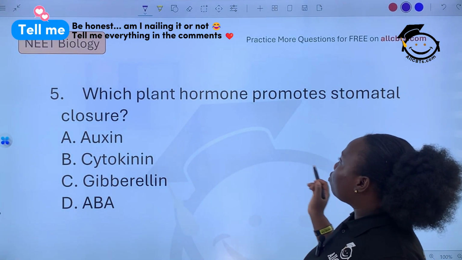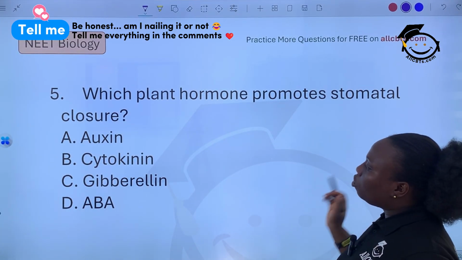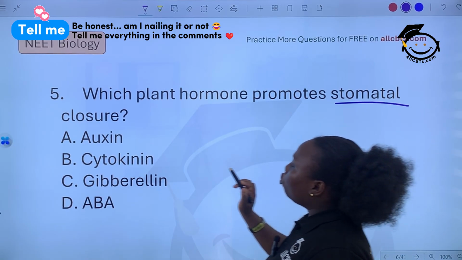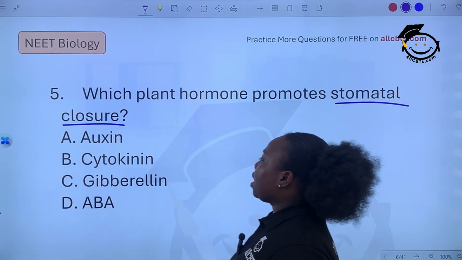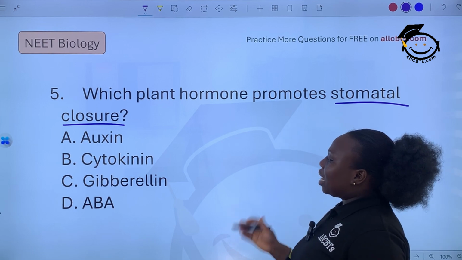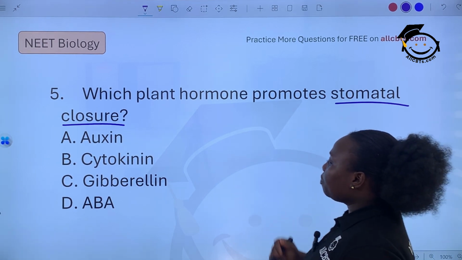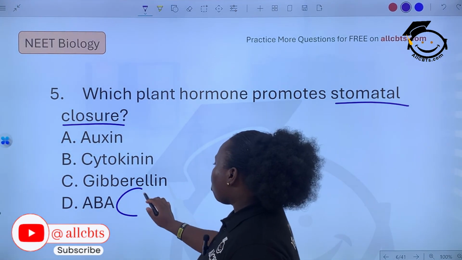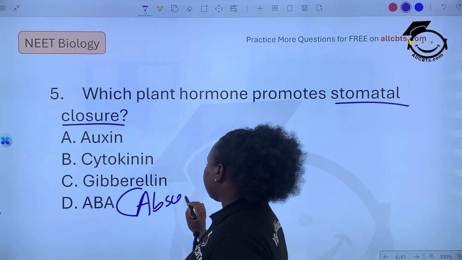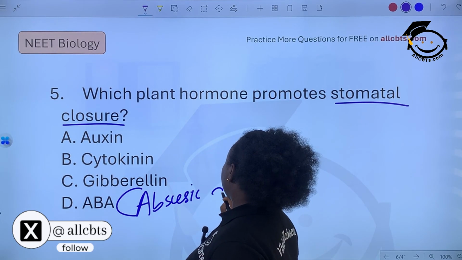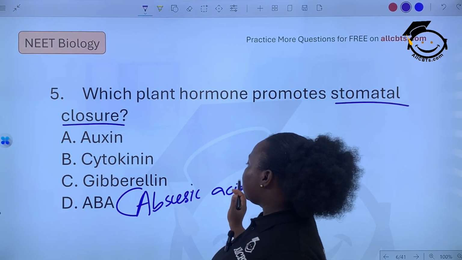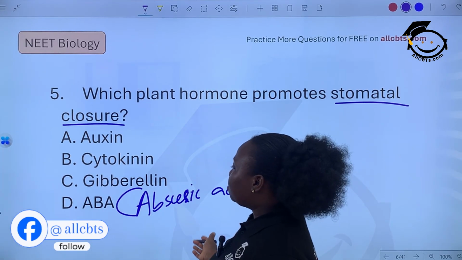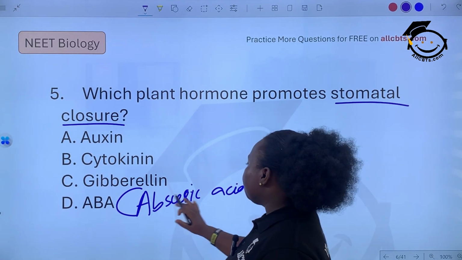Number 5, which plant hormone promotes stomatal closure? A, auxin; B, cytokinin; C, gibberellin; D, ABA. This ABA is what they call abscisic acid. Sometimes you might see it as ABA, sometimes they will give you the full name.